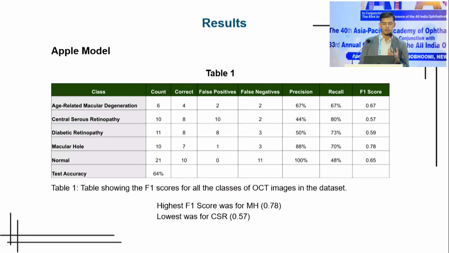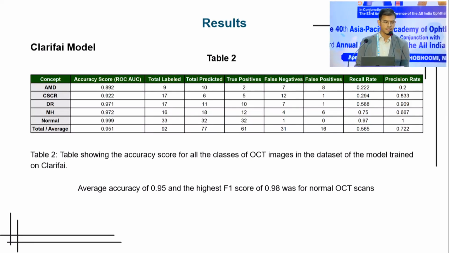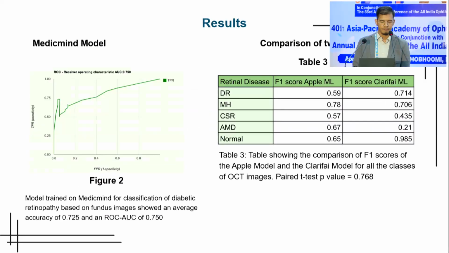The Apple model had a test accuracy of 64% with an F1 score which was highest, 0.78, for macular hole, and it was lowest for central serous retinopathy, which was 0.57. The Clarify model had an average accuracy of 0.95, and our highest F1 score was for normal OCT scans, that was 0.98.